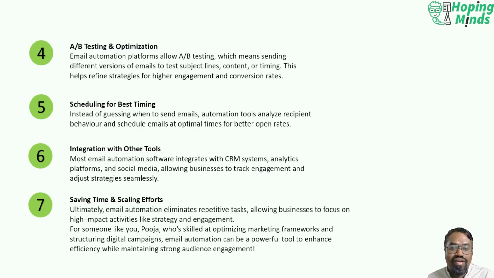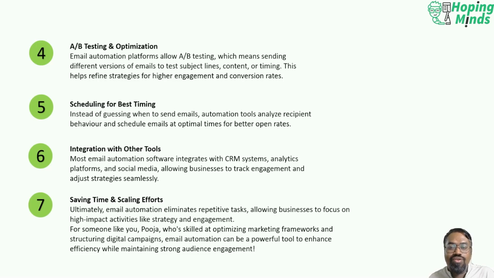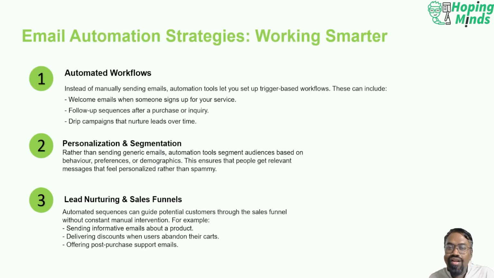So be a great marketer like Pooja. So these are the 7 email automation strategies that you need to figure out for your email marketing tool, and make sure we do effective email marketing.